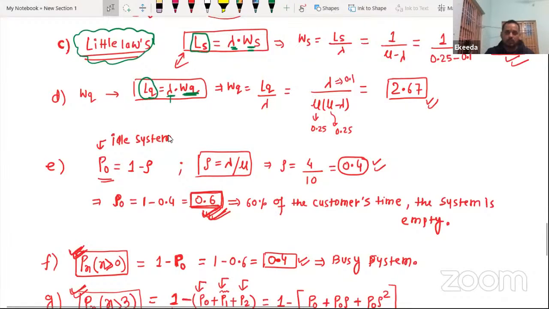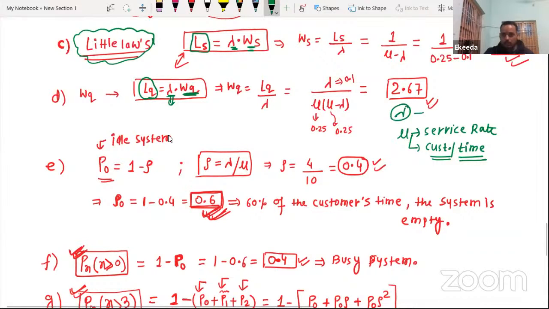Here lambda is the arrival rate and mu is the service rate. The unit is the same for both lambda and mu: customers per unit time. This time can be anything, per hour or per second, but for both the unit will be the same.